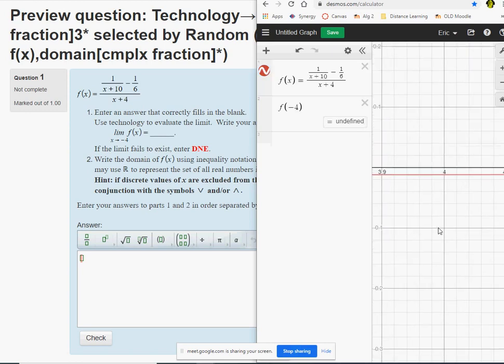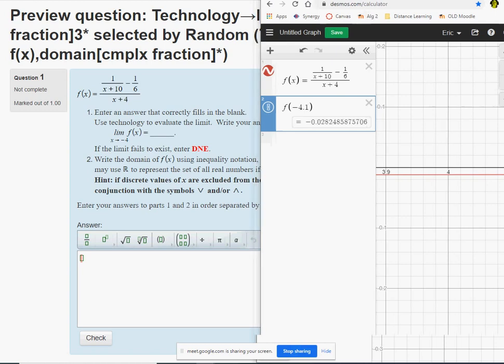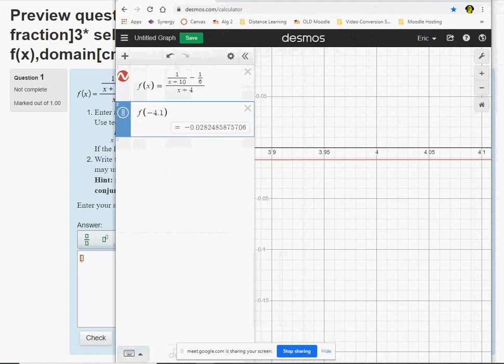Now, in this case, if I zoom in on -4, it's probably not going to help me very much because I can't really tell what that value is. So what I'm going to do instead is evaluate the function very, very close to -4. Let's try something like -4.1. Well, there it gives me an answer. Is that close enough? I'm just trying to get an answer. If you look at the directions here, they're obscured a little bit, but I believe they say rounded to 2 decimal places.